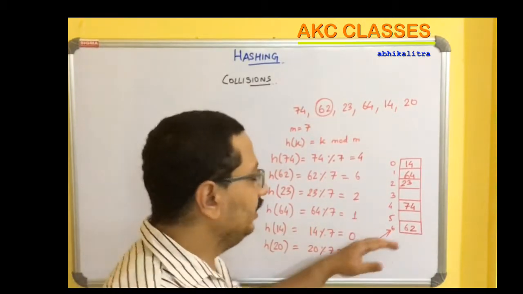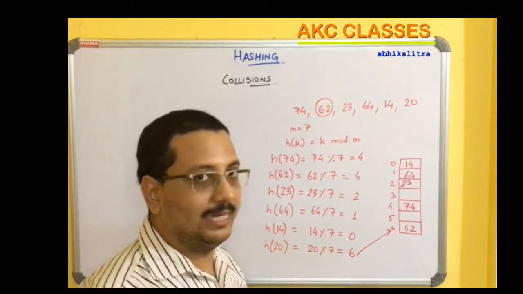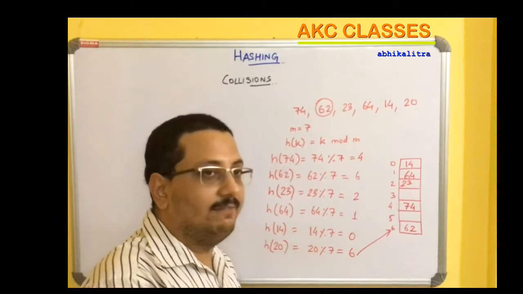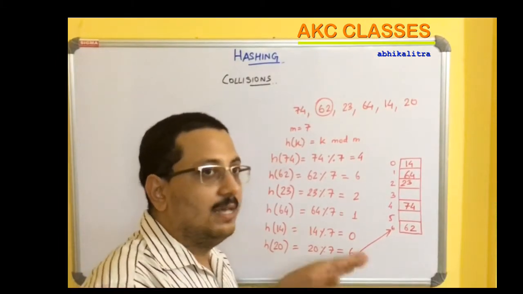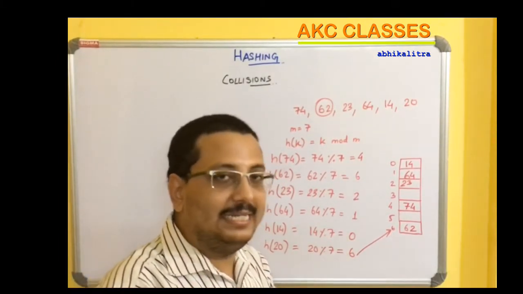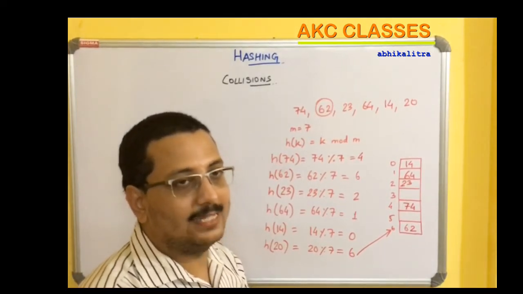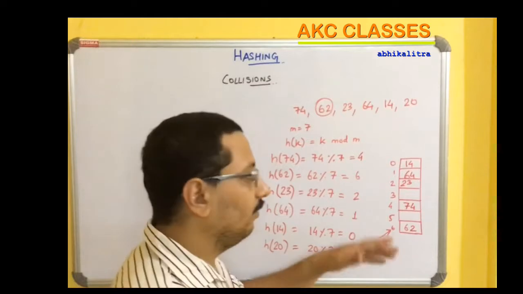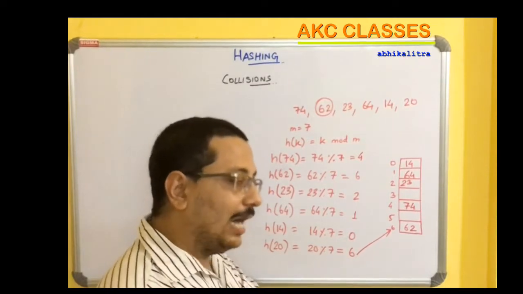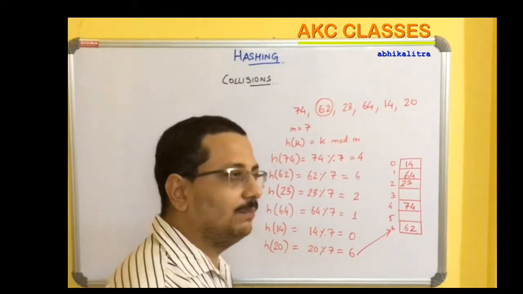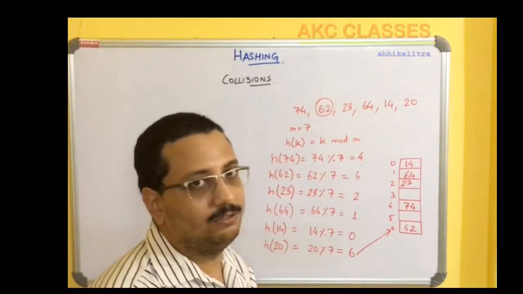When two different data values or key values map to the same index, this is known as collision. How to resolve or get out of this collision problem is what we are going to study.